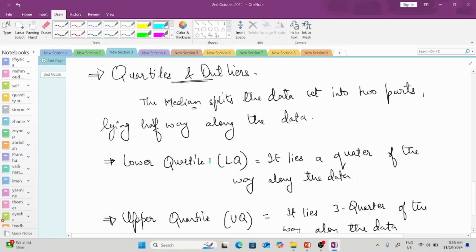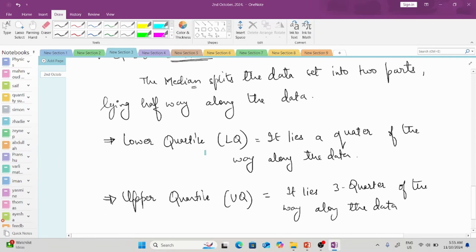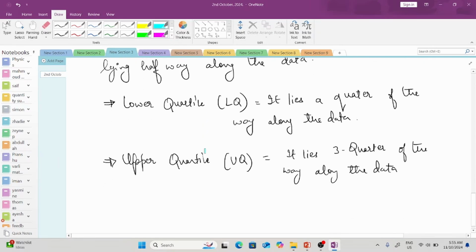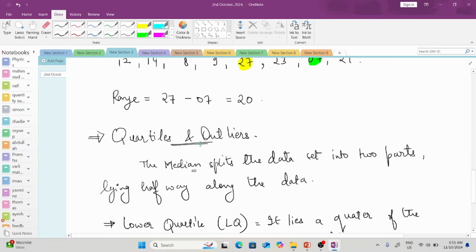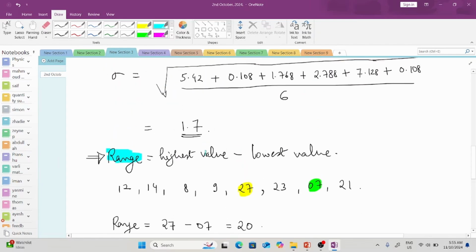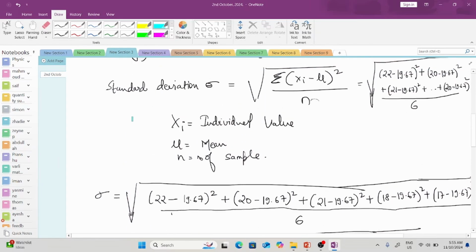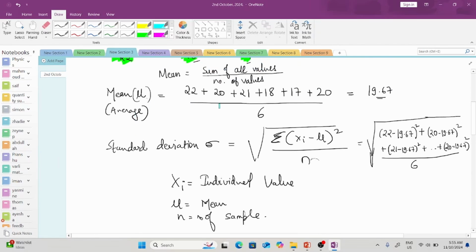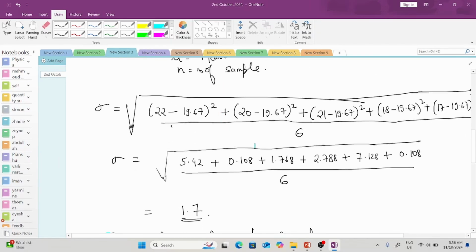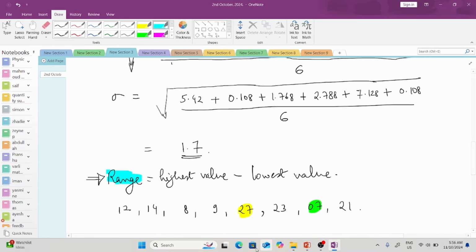The lower quartile lies in the first quarter of the given data, and the three quarters will give you the upper quartile. These are a few basic things. The main thing is you need to know how to calculate standard deviation. To calculate standard deviation, you must know the mean. Once you have the mean, you can calculate standard deviation. This is what you are supposed to know to solve the question.